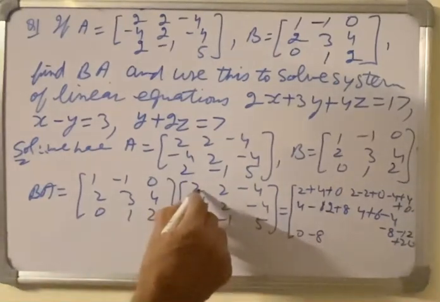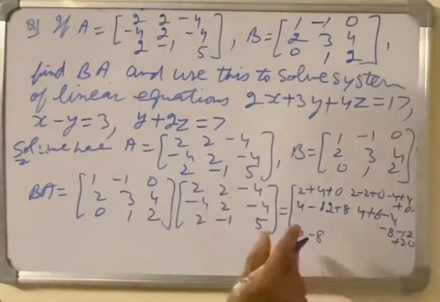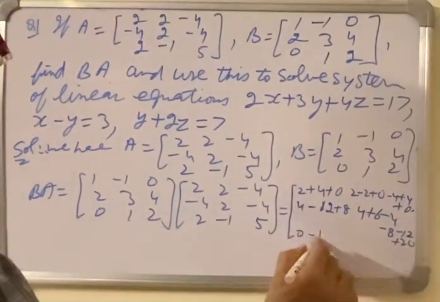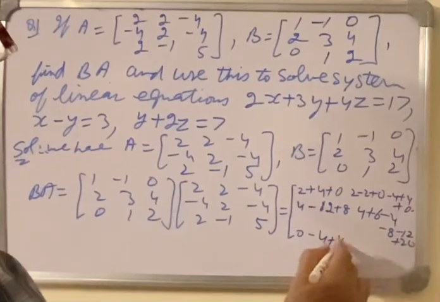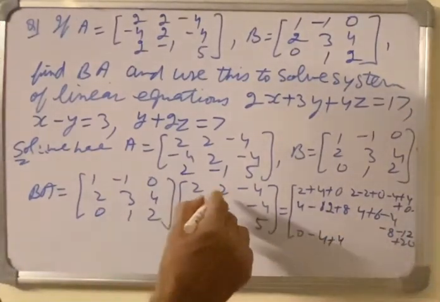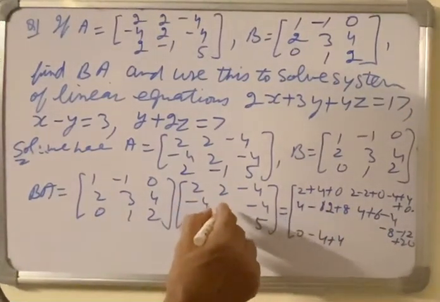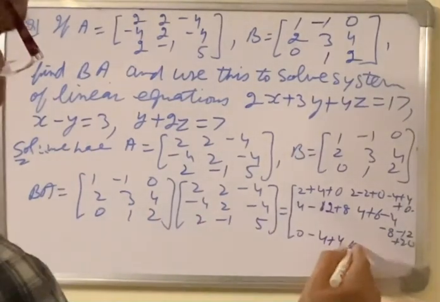Then third row with first column: 0 minus 4 plus 4. Then third row with second column: 0 plus 2 minus 2.